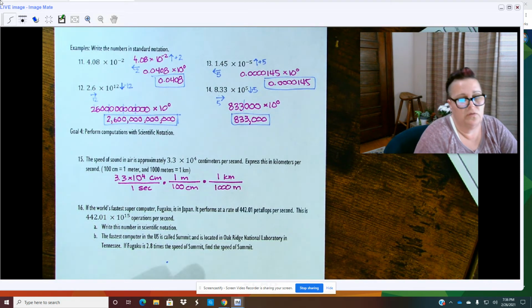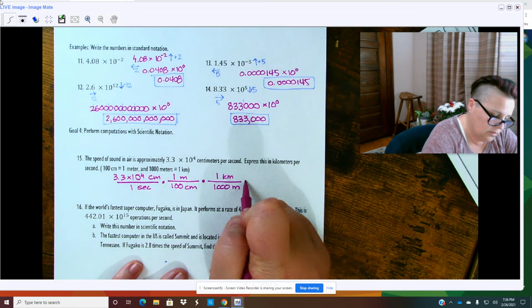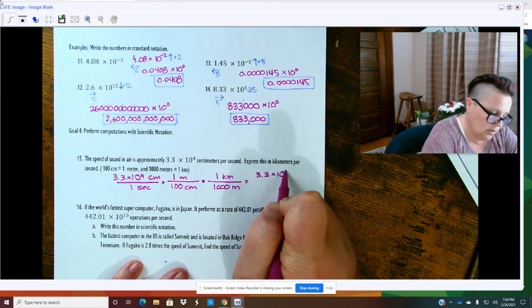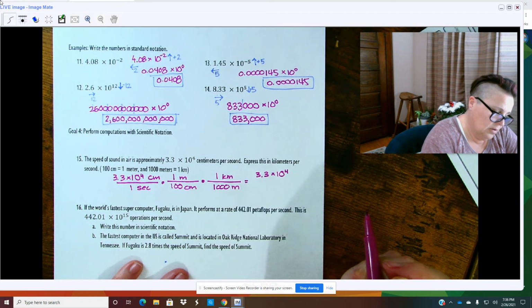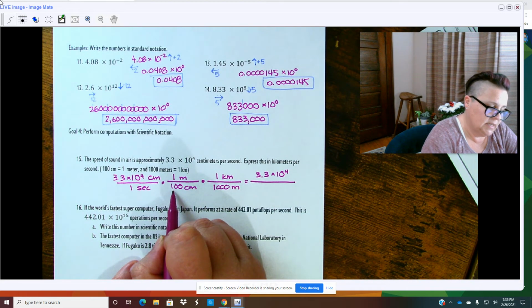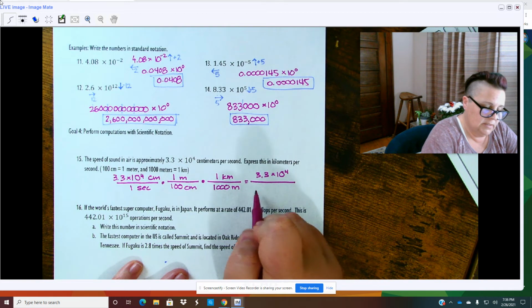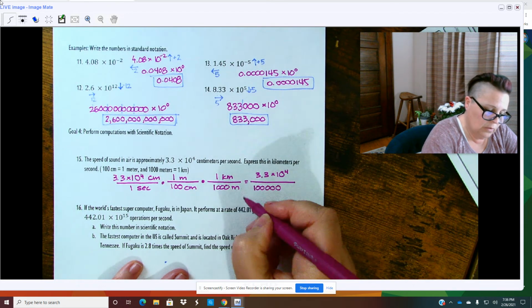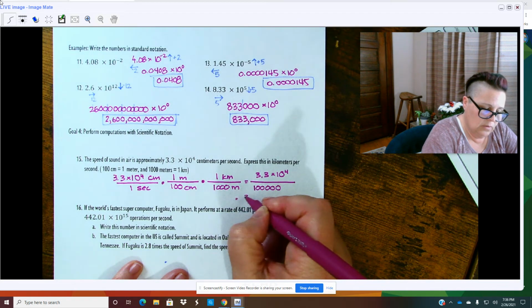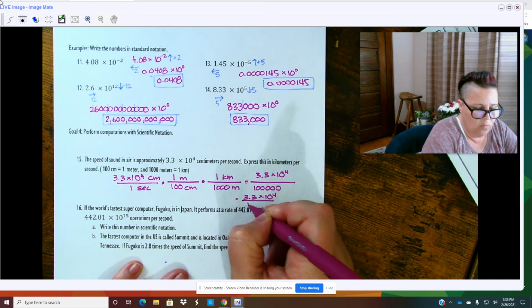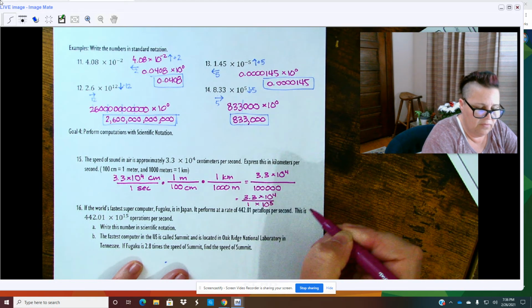Okay, so I need to take 3.3 times 10 to the 4th, and I need to divide that by, that's going to be 1 times 10 to the 5th.